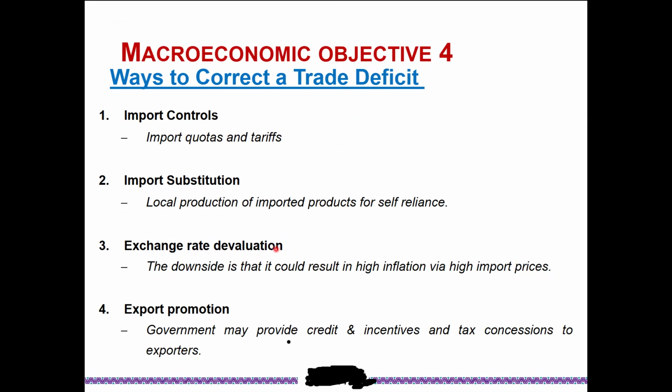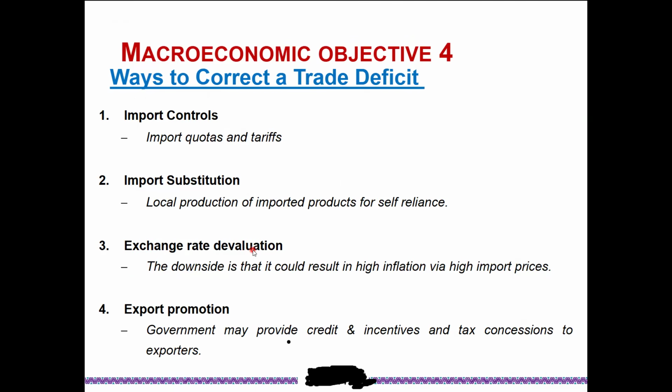So they will devalue the rand against China so that it becomes expensive for us to buy from them, right? But if that happens, it also becomes cheaper for them to buy from us because the value of our currency has depreciated, right? So it becomes cheaper for them to buy from us, which will increase our exports. And which is what we want, really, because we want to correct the trade deficit. It will be expensive for us to buy from them because the value of our currency has been what?